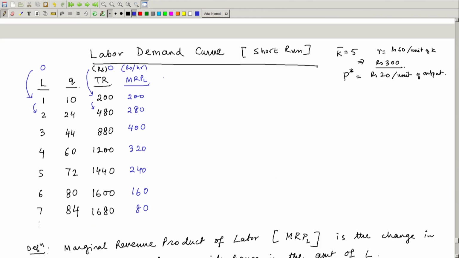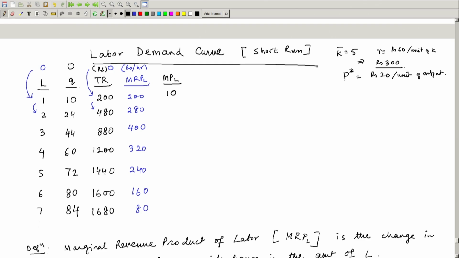If I compute the marginal product of labor, what will I get? So, let us write down the marginal product of labor. When I did not hire any labor unit, the output was, let us say, 0. When the first labor unit was hired, the output increased from 0 to 10. So, the marginal product of the first labor unit is 10 output units, 10 pencils.